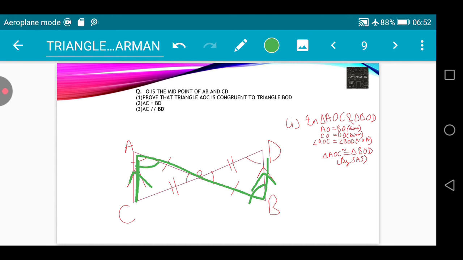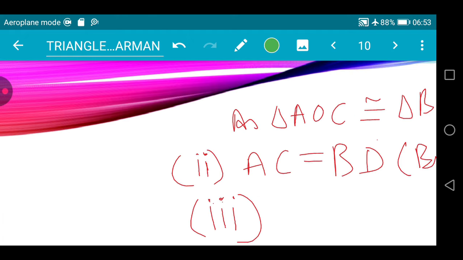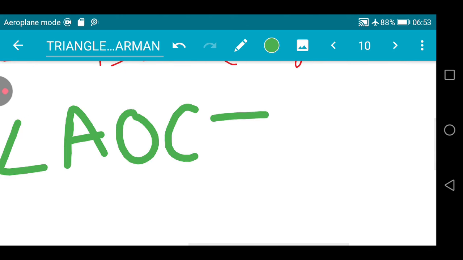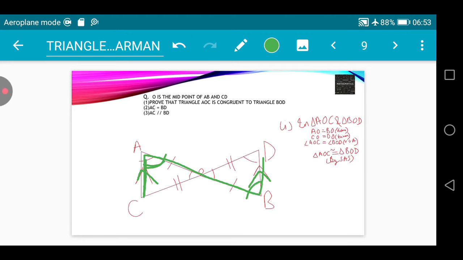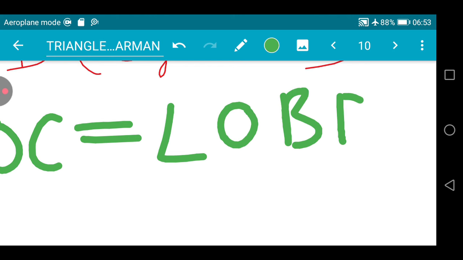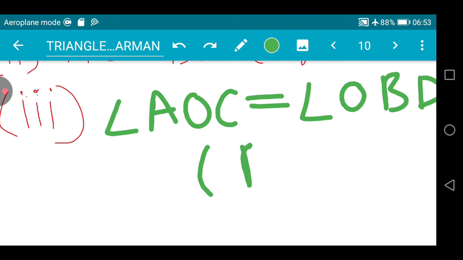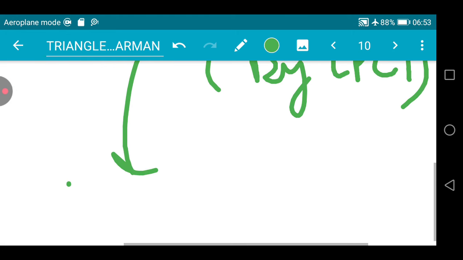So what we have to prove congruent, what you have to prove equal: angle AOC will be equal to angle OBD, yes, OBD, again by CPCT, they are equal, and they are also alternate angles.